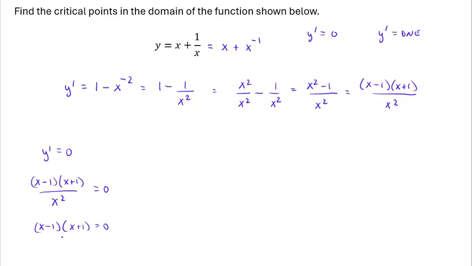So we can set each factor equal to 0. We've got x minus 1 equals 0, and x plus 1 equals 0. And if we solve each of these equations, we're going to get two values here. X equals positive 1 and x equals -1.